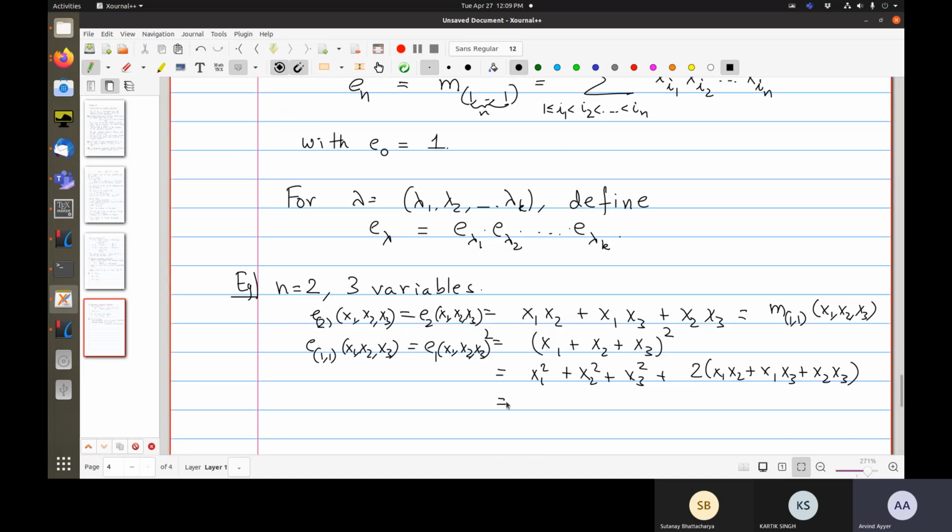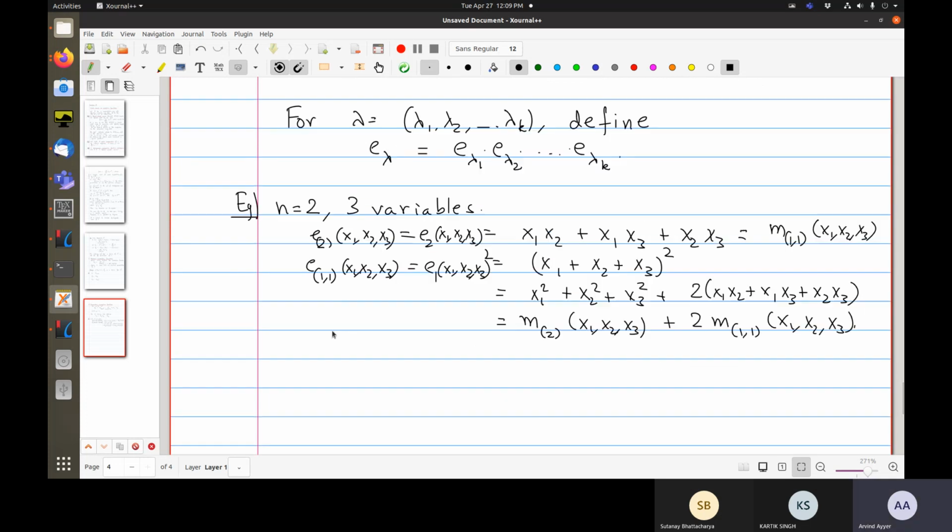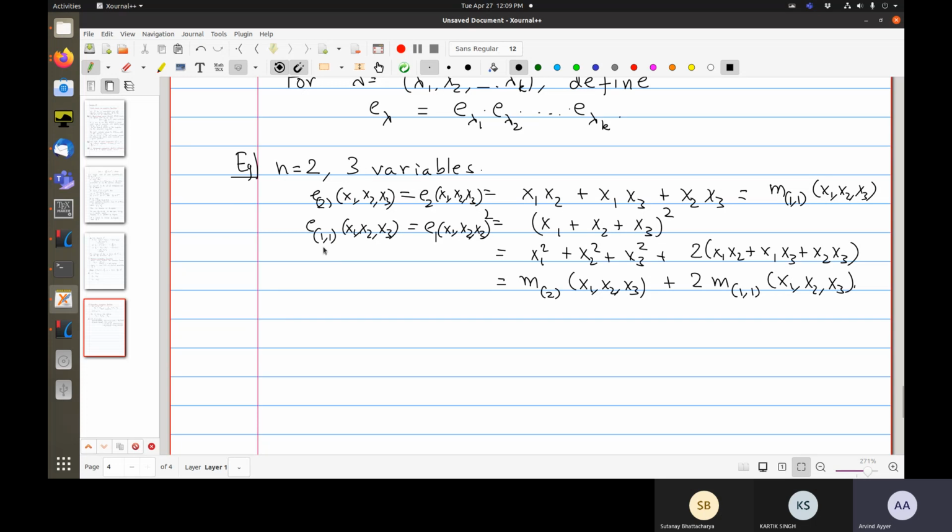And here, this is M2 of x1, x2, x3 plus twice M11 of x1, x2, x3. So in three variables, you can see that E2 is M11 and E11 is M2 plus 2M11.